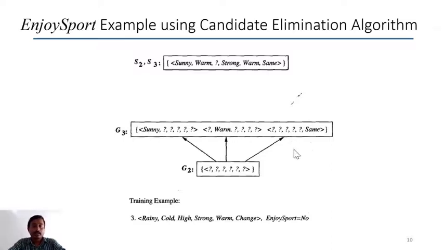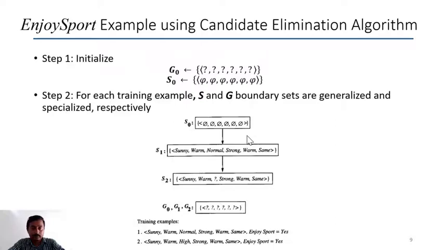But why can't we add this hypothesis here? Why did we add only 3 tuples here? Because if you add this one, it will not be consistent with the previously seen positive example. So normal at third place. Consider the second example, where we have high.